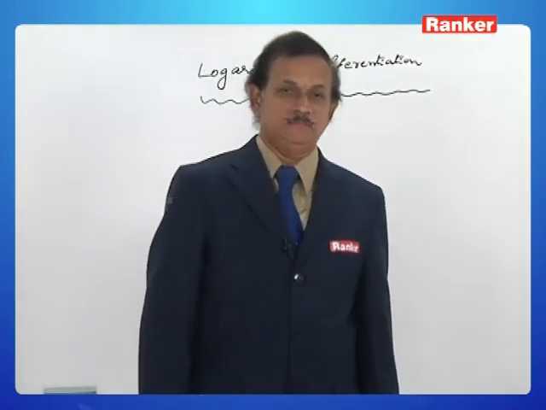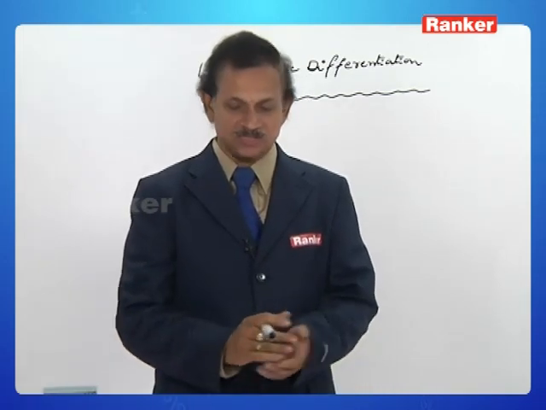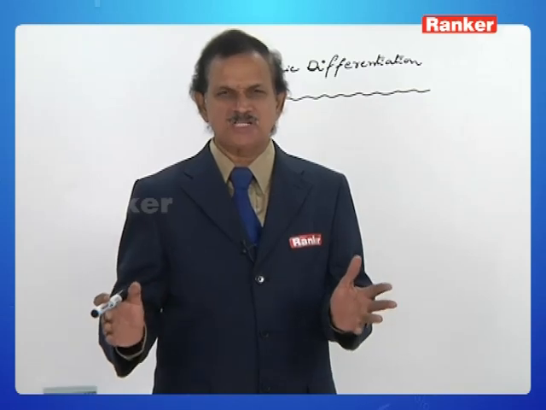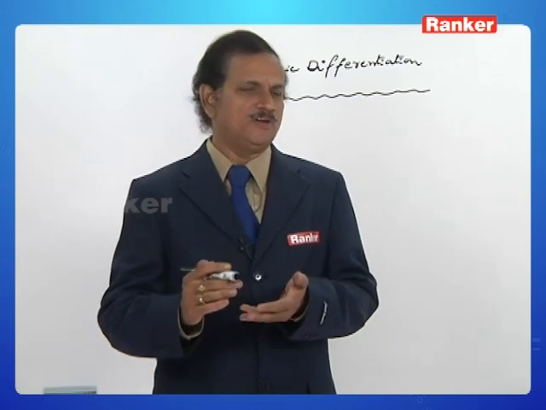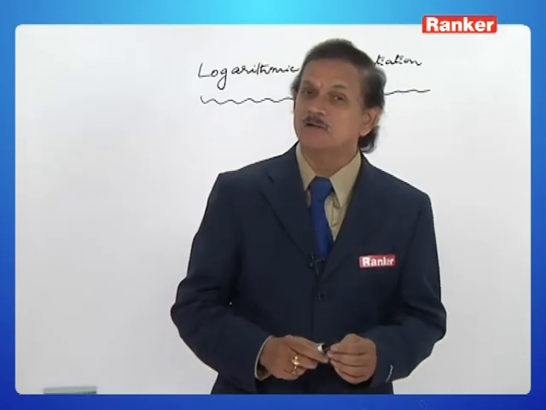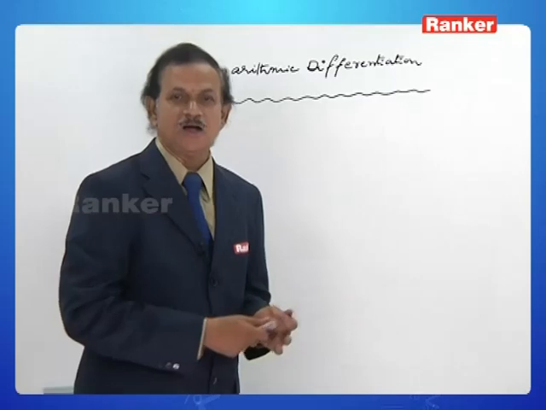As and when the given function f of x or y is so bulky, involved as a product and quotients of so many functions, or has variables in the exponents, then the process of logarithmic differentiation is used.